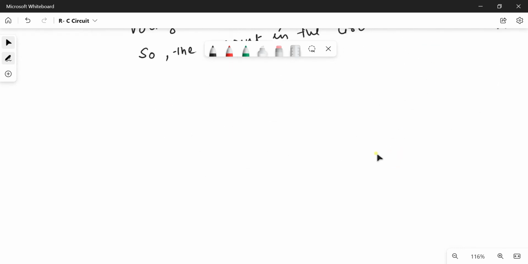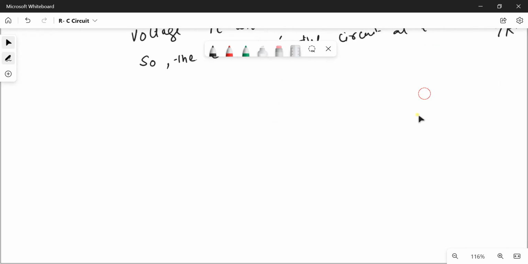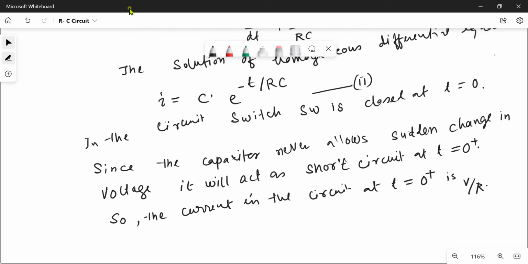Now substituting these values in equation 2, what we get?